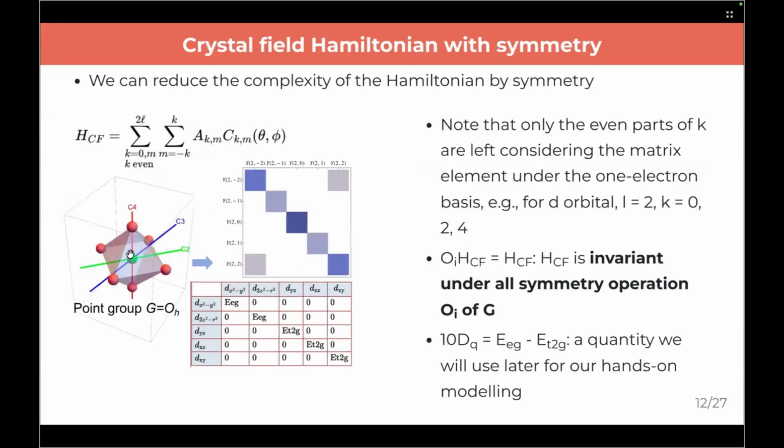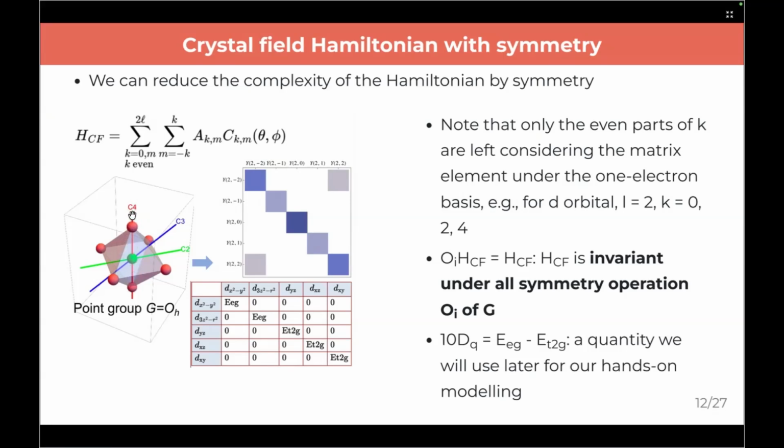Using this octahedron as an example, also the sodium chloride crystal, this point group belongs to the so-called Oh point group. If a transition metal has such Oh point group symmetry, as you can see, for example, look at this C4, it basically means a rotation axis along, for example, this C direction.